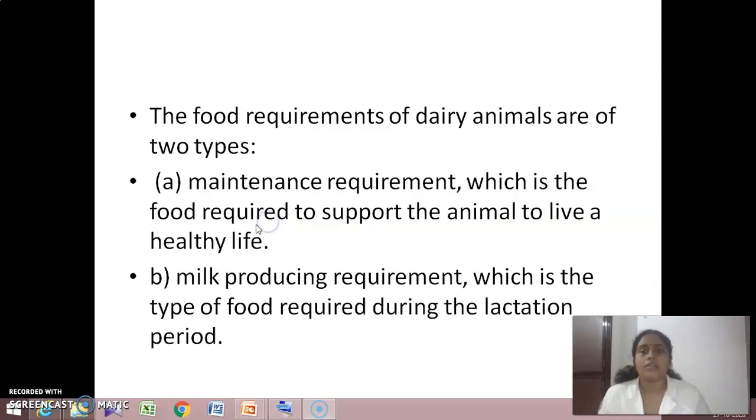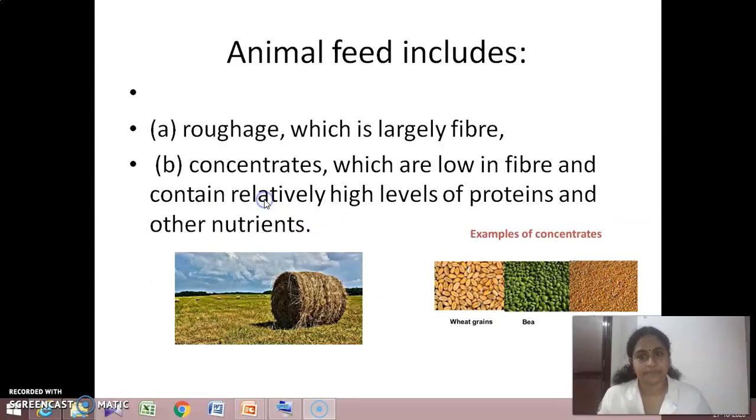Then about food. The food requirements of dairy animals are of two types. First one, maintenance requirement, which is the food required to support the animals to live a healthy life. Second one, milk producing requirement, which is a type of food during lactation period. So animal feed includes roughage. Hay is an important example for roughage, which is largely fiber.